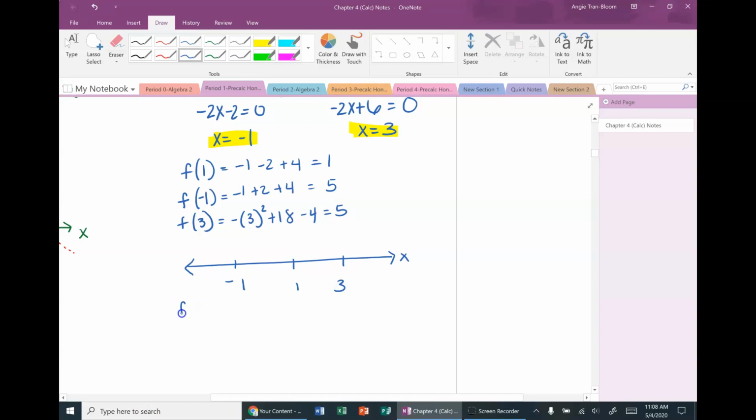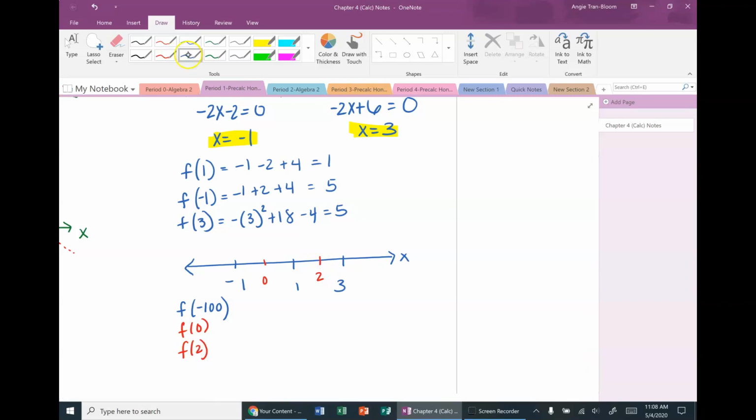So left end behavior, negative 100 is what I'm going to pick. I'm going to pick somewhere between negative 1 and 1. I'm going to pick 0. I don't necessarily have to pick this, but I would like to know what's going on in that interval. Then I'm going to pick also something between here. So let's pick 2. So f of 2.